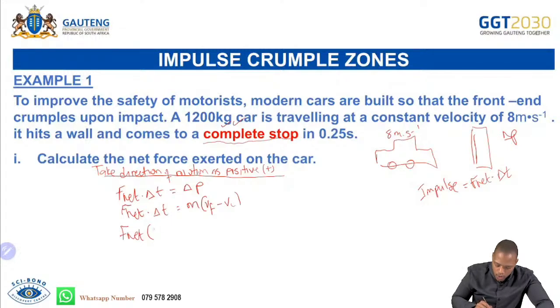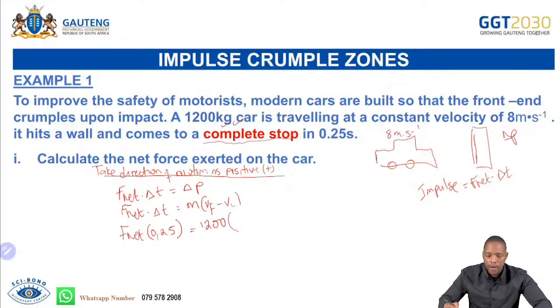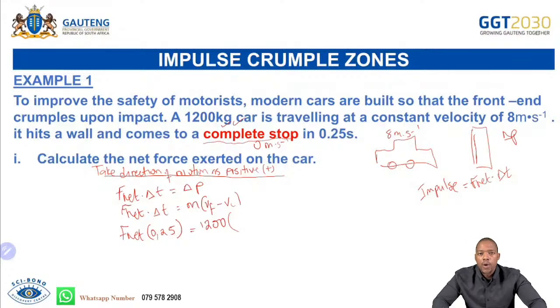Okay, right. So our change in time is 0.25 equals to the mass of 1,200 kilograms, multiplied by the final velocity. What is our final velocity? It comes to a complete stop. Therefore, its final velocity must be 0 meters per second. Keywords, grade 12, and keywords have implication.